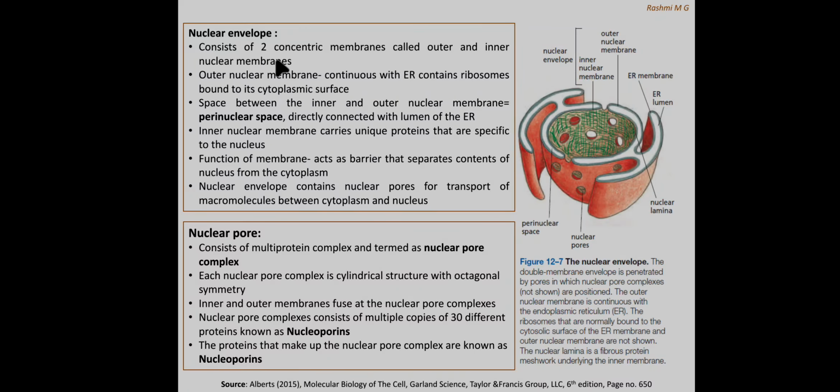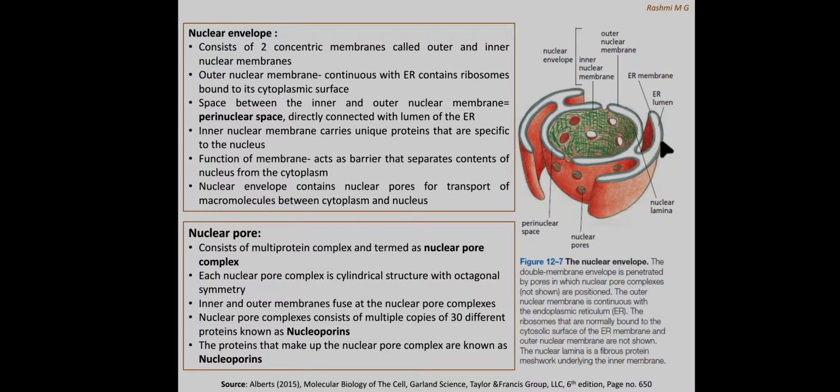Nuclear envelope. It consists of 2 concentric membranes, that is the outer membrane and the inner nuclear membrane. The outer nuclear membrane is continuous with the ER, containing ribosomes bound to its cytoplasmic surface.